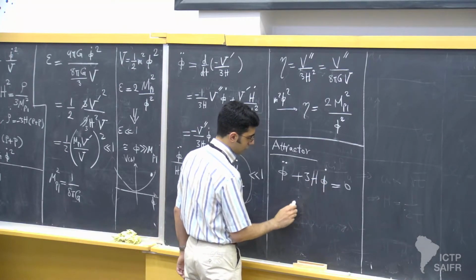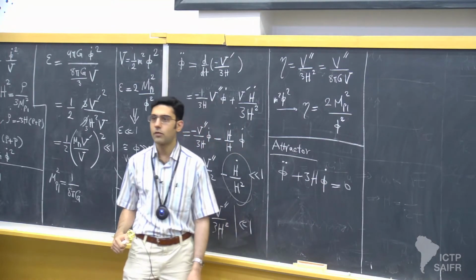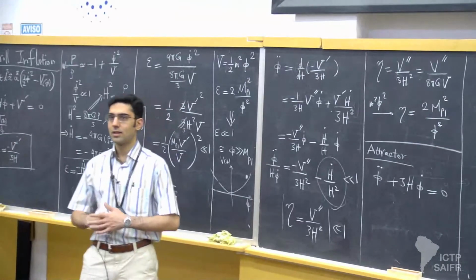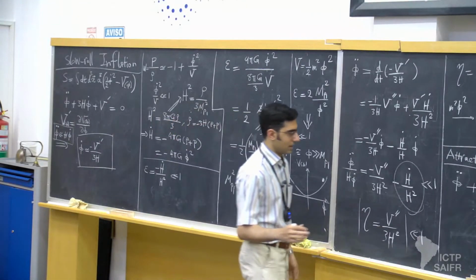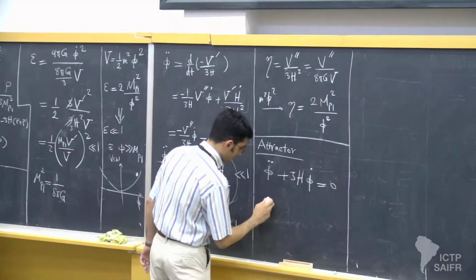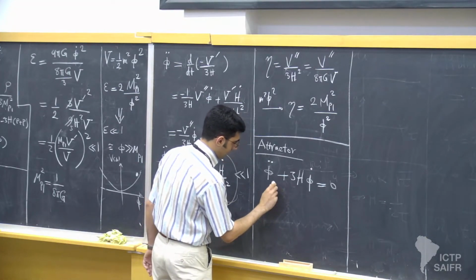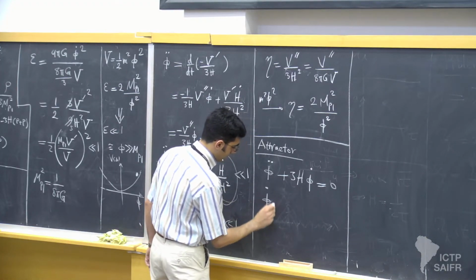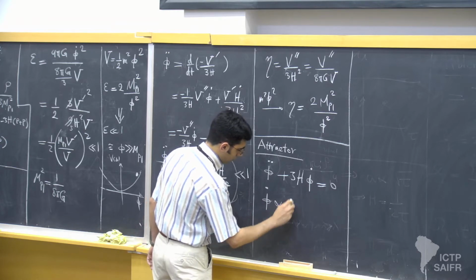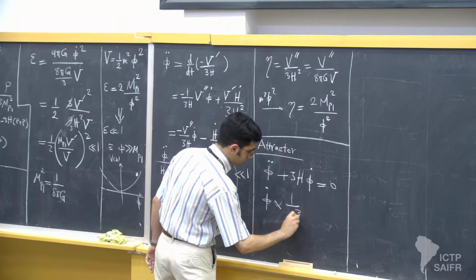But then what is the solution to this equation? One is that phi dot is equal to 0. So that is not fast. The other one, in which I can have large phi dot, would be phi dot going proportional to 1/a cubed.